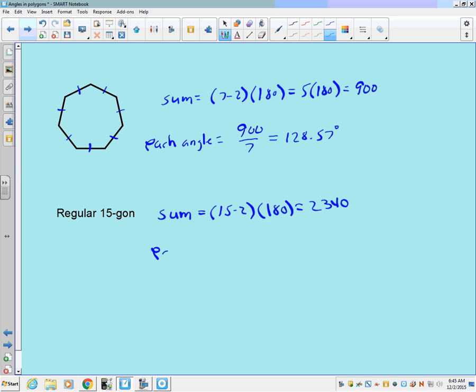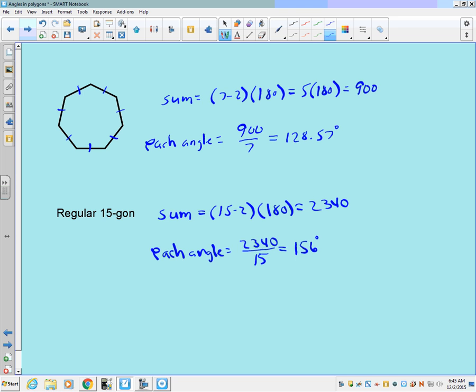And so each angle is going to equal 2,340 divided by, in this case, there are 15 angles. And when we divide this out, we get 156 degrees. So if we were to carefully draw a 15-sided polygon where all 15 sides are the same, each of the interior angles is going to be 156 degrees.